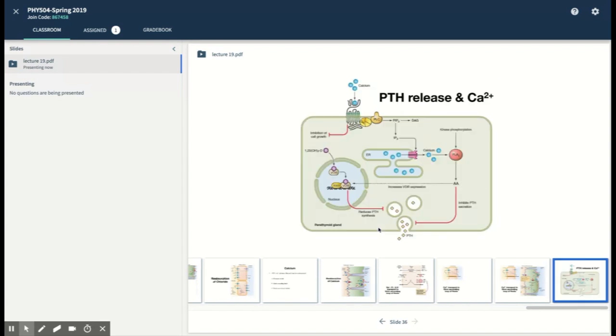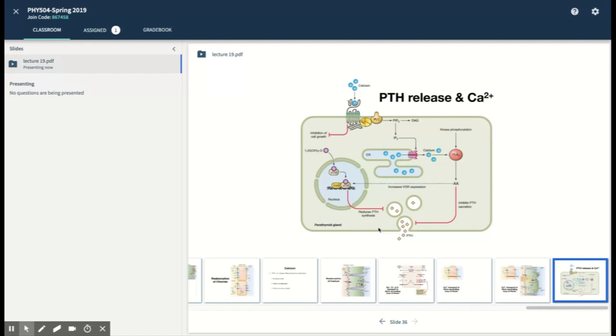It's the same basic feedback mechanism that you see in the parathyroid gland. So under normal circumstances, you get parathyroid hormone being released if you have low calcium. If you have sufficient amounts of calcium, there's a receptor up here, your calcium sensing receptor, CaSR.